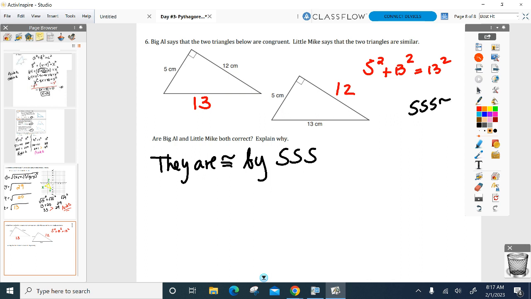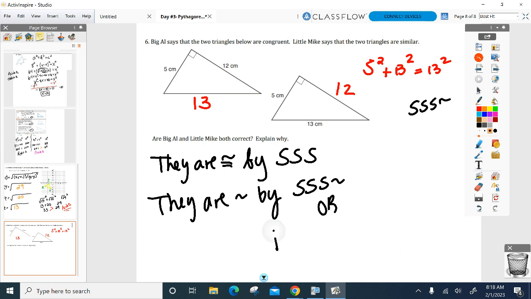Side, side, side similarity. Are these sides in the same ratio, 5 to 5, 12 to 12, 13 to 13? Yeah, they are. And also remember, if two triangles are congruent, they're also similar. Not the other way, but if two triangles are congruent, they are similar. So they are similar by SSS similarity, or because if two triangles are congruent, they are similar. So they're both correct. They are congruent and they are similar.